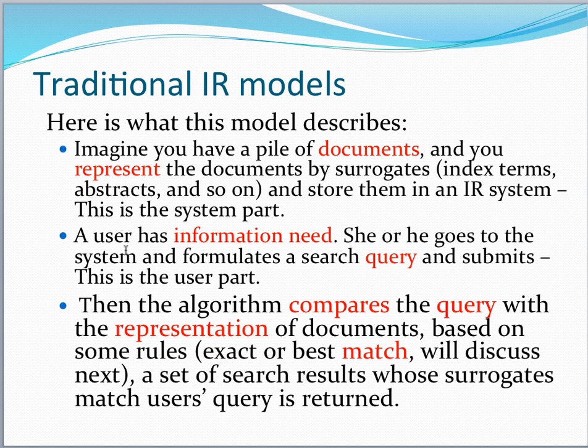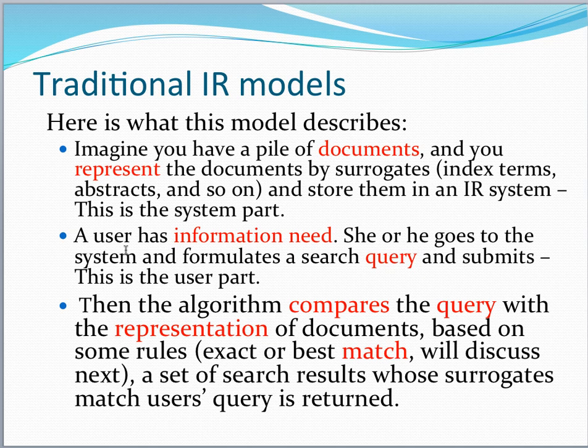A user has an information need or several needs. She or he goes to the system and formulates a search query and submits it. This is the user part, of course. The first one was the system. This is the user. And then the algorithm that is programmed into the system compares the query with the representation of documents.